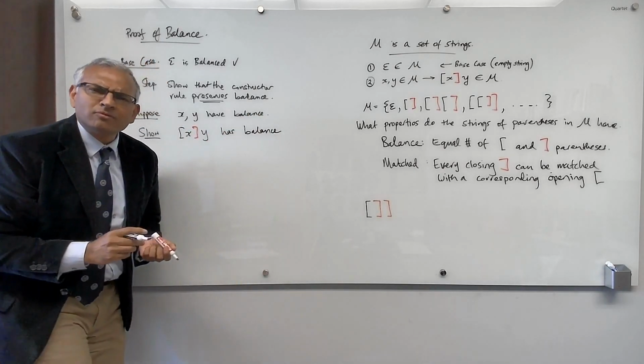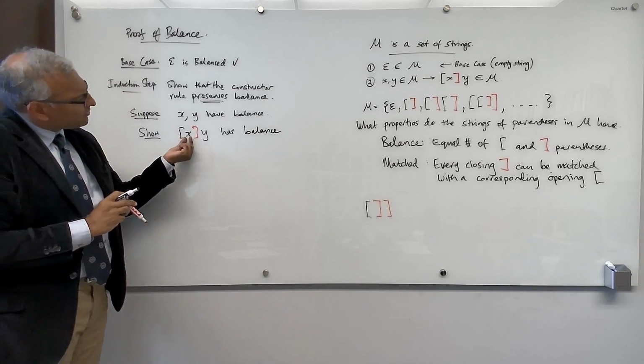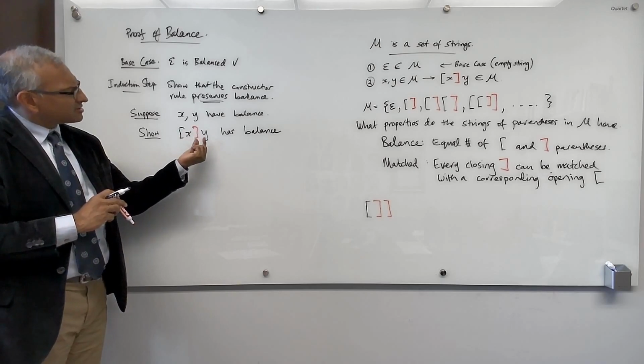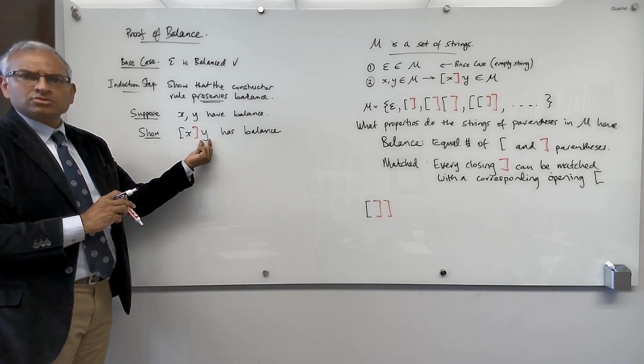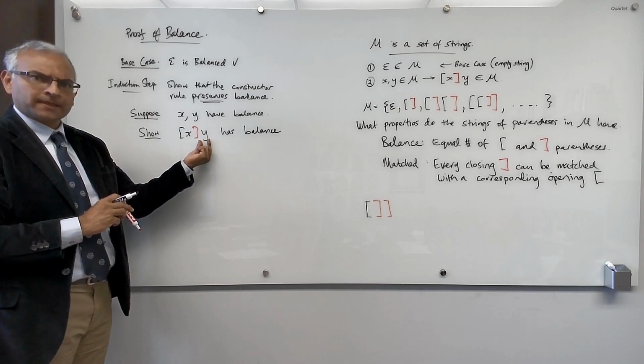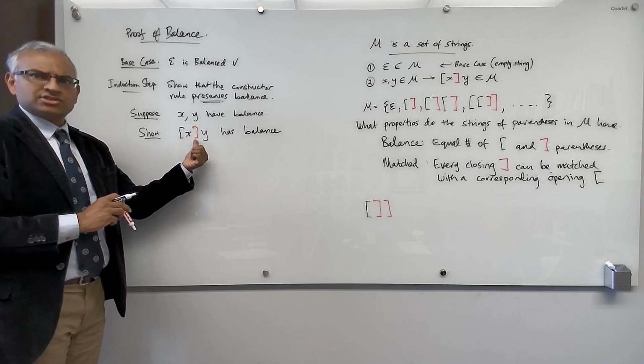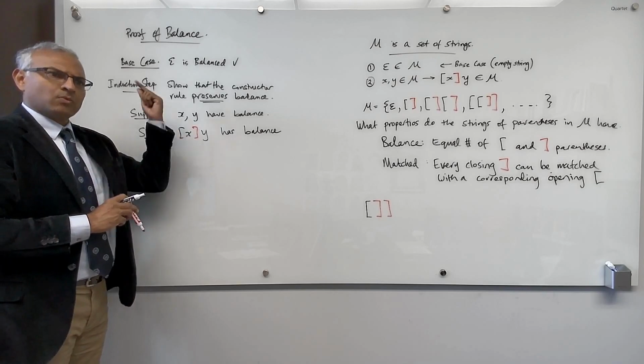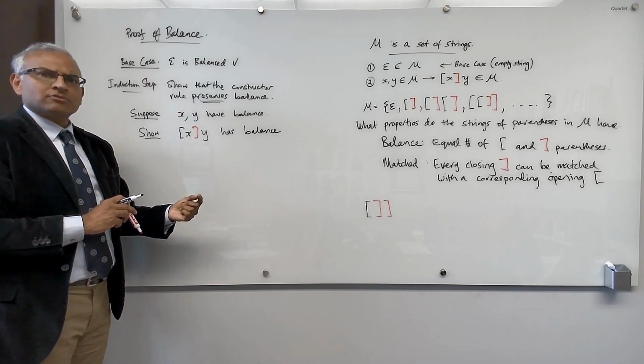And it's sort of obvious because there's the same number of opening black and closing red parentheses in X, and the same number in Y, and you've just added one of each.